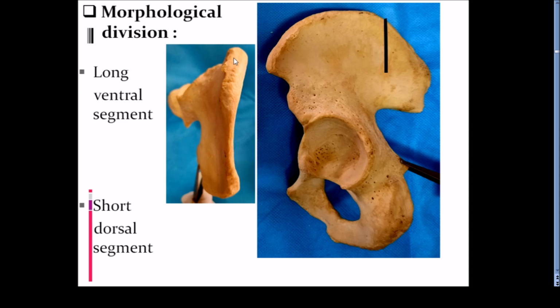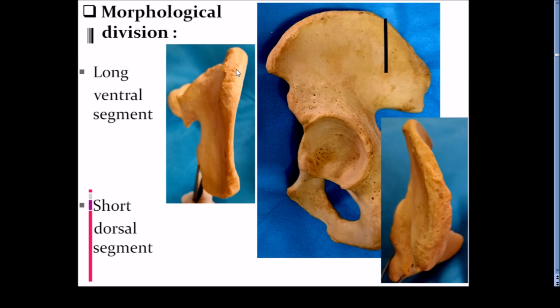It is more than 2/3 of the iliac crest. The features of the long ventral segment: it has an outer lip, this is the outer lip, this is the inner lip, and in between these two lips is the intermediate area.